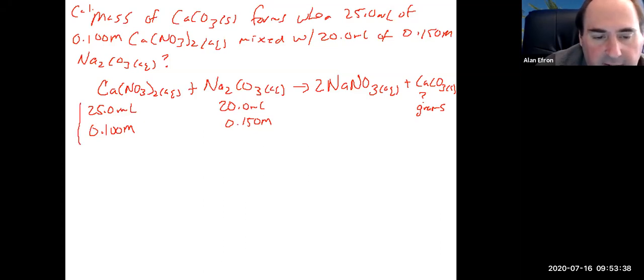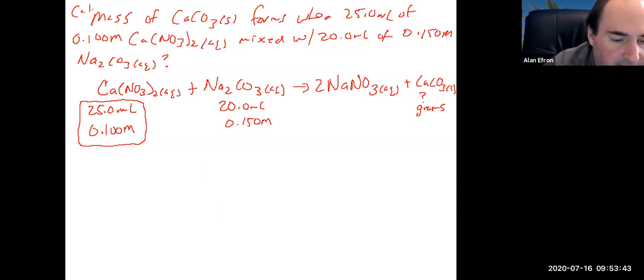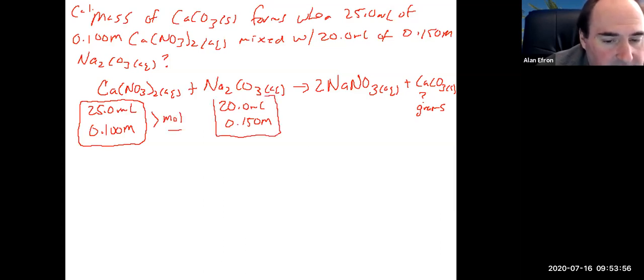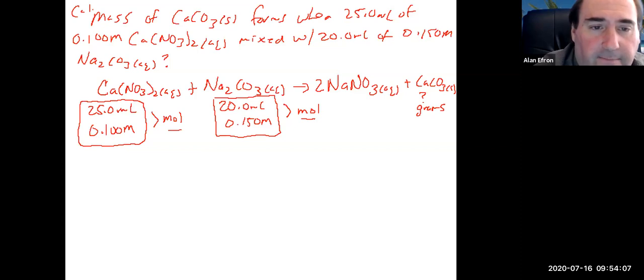If we look at this information, I have both the volume and the molarity here. And because I have the volume and molarity, like we saw in those previous examples, that is going to allow us to get to moles. When I look at the other reactant, I also have volume and molarity, which is going to also allow me to get to moles as well. So the key is you are able to get to moles of each of the reactants.